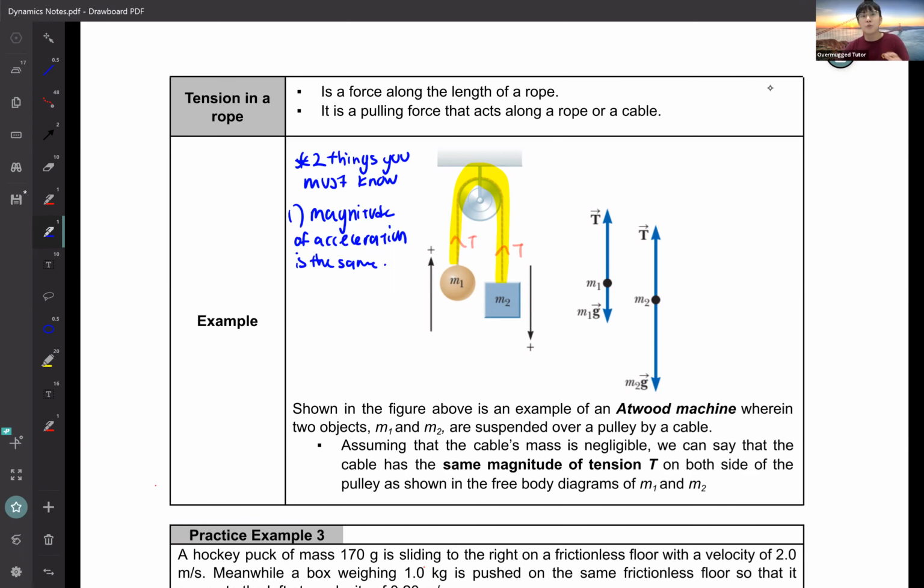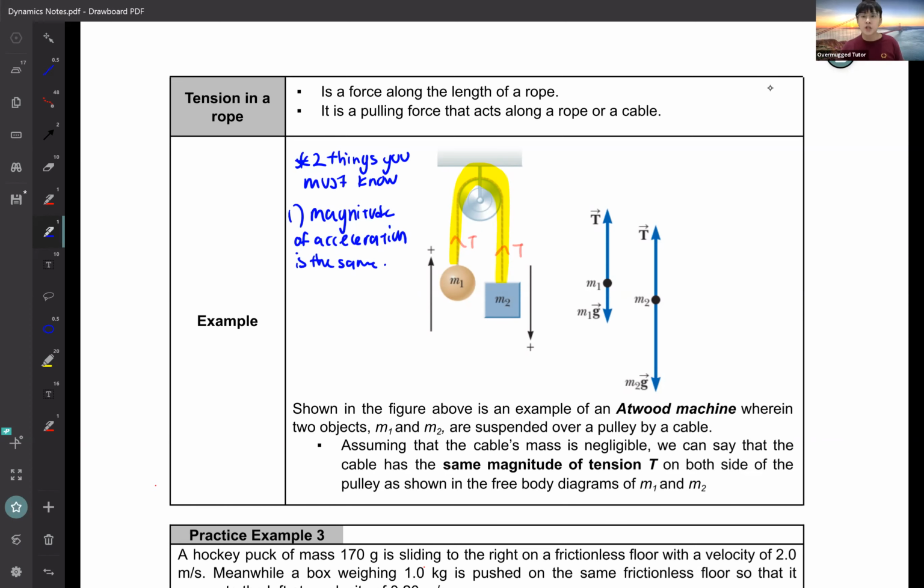You both will be moving together, and therefore you have to have the same exact acceleration. In the same way, if you're connecting mass 1 and mass 2 here along a rope which cannot be stretched, they definitely have the same acceleration. So that's a very simple first thing that you must know to come up with your equation.